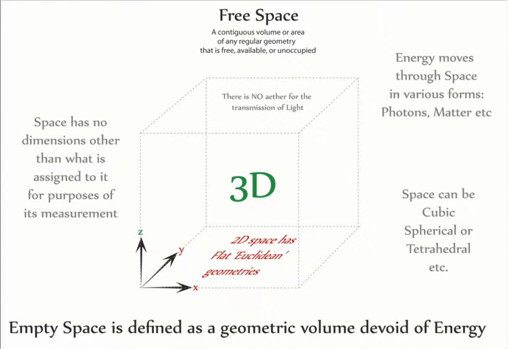In this case, if we were to define this in terms of the natural velocity of energy, we would in fact have a Cartesian coordinate system, defined as c cubed.